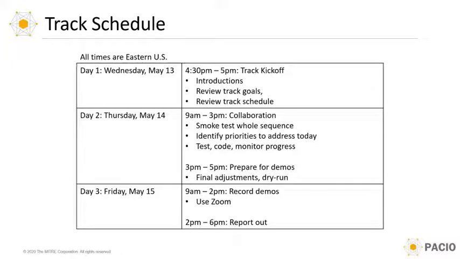We also want to try to test code and monitor the progress as we go on. The idea is hopefully we're in pretty good shape by 3 o'clock, and from 3 to 5, we're really trying to do the final adjustments, go through the dry runs again, and get prepared for the demonstrations.